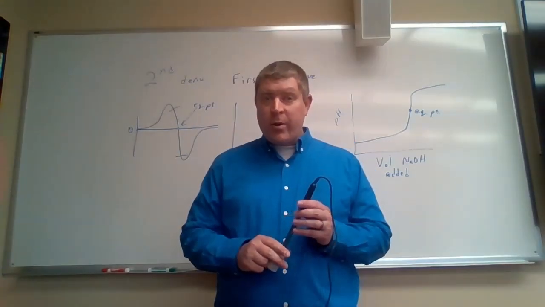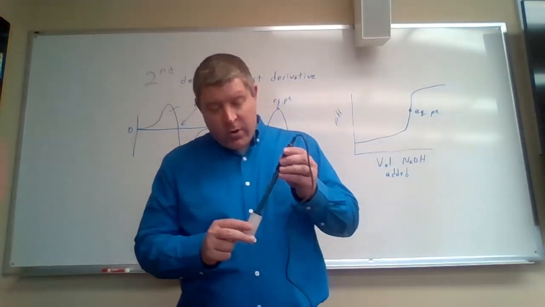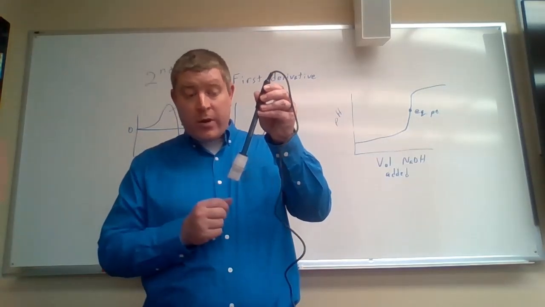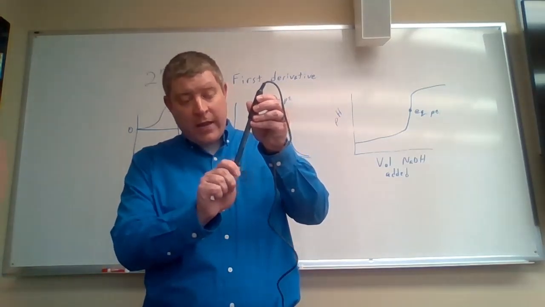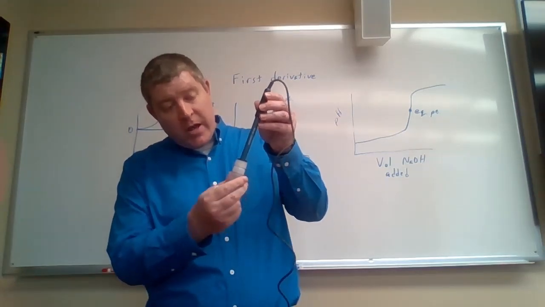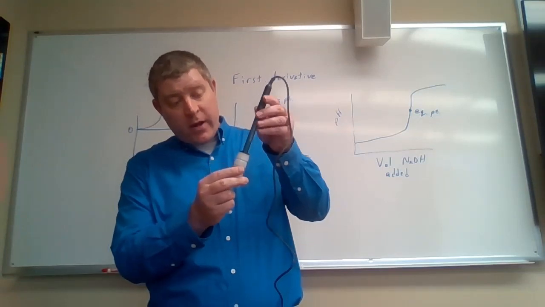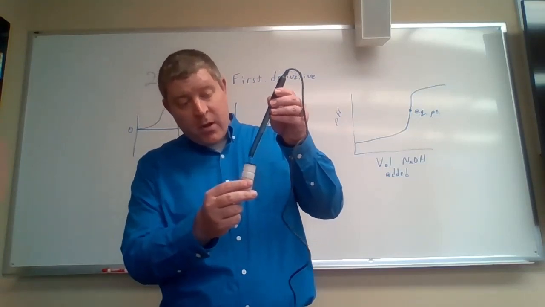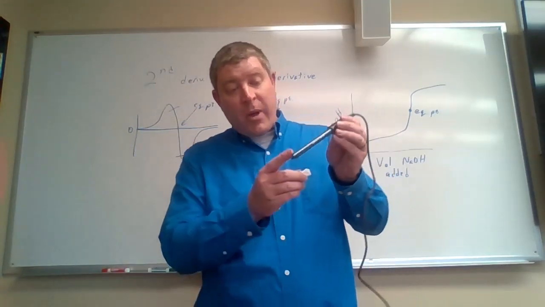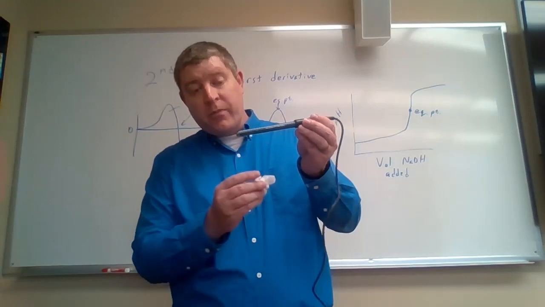Let's also talk a little bit about the pH probe that you'll use. The pH probe will come stored in a bottle that looks something like this. That bottle should have some liquid in it, because at the bottom of the pH probe, we can release the pH probe by loosening this nut at the top of the storage bottle, releasing the pH probe. At the bottom of that pH probe is a little glass bulb.